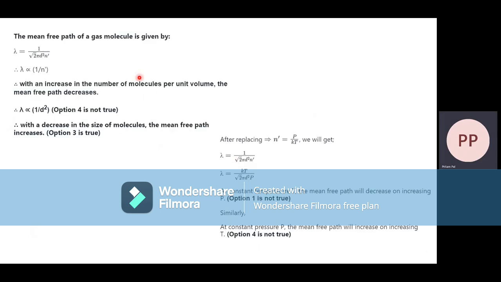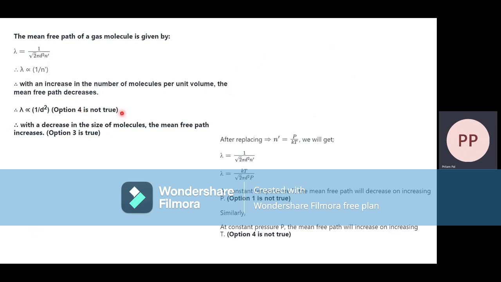So the mean free path of a gas molecule is given by this. From here it is very clear that lambda is inversely proportional to n prime, 1 over n prime. So with an increase in the number of molecules per unit volume, the mean free path decreases. And lambda is proportional to 1 over d square. So option 4 is not true.